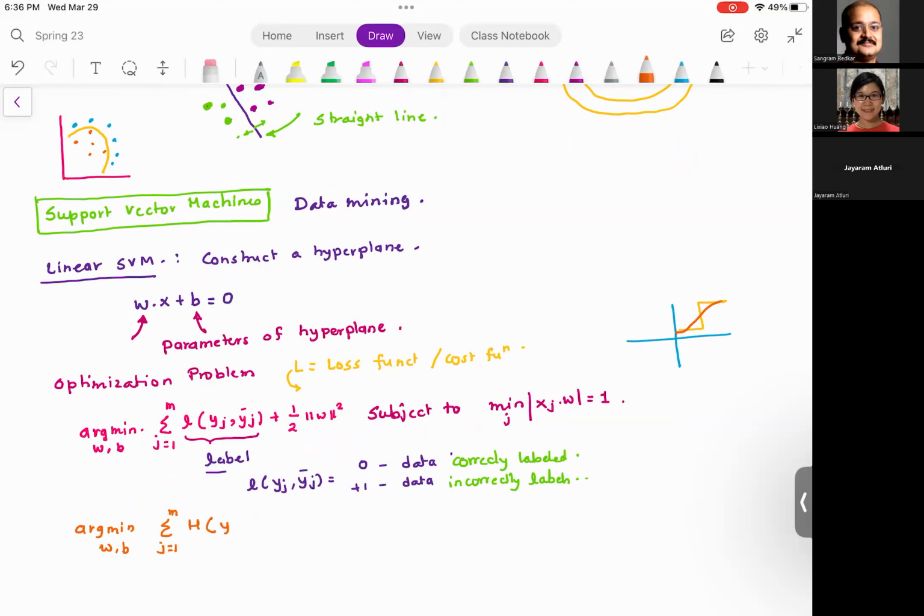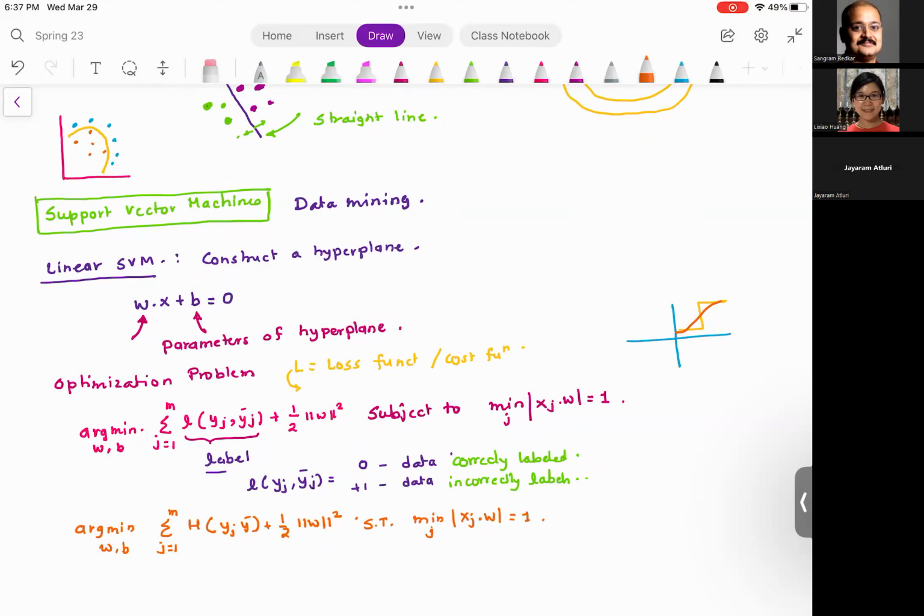And I will explain in just a minute what this hinge loss function is. This is subject to the minimum over j of xj dot w equal to 1, and where the hinge loss function h(yj, y bar j) is equal to max(0, 1 minus yj y bar j). This is called the hinge loss function.